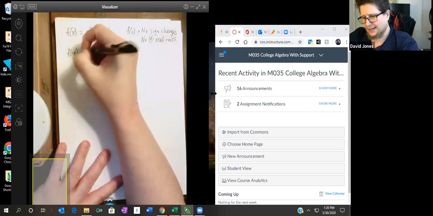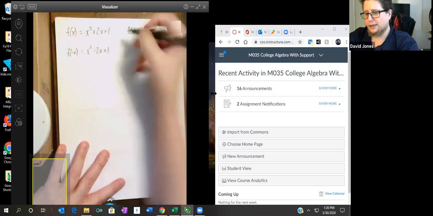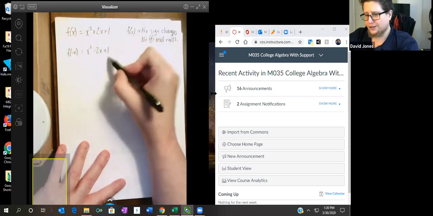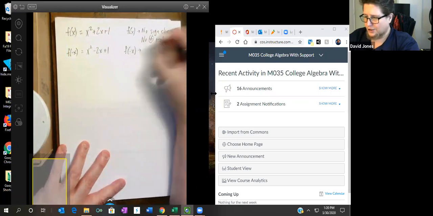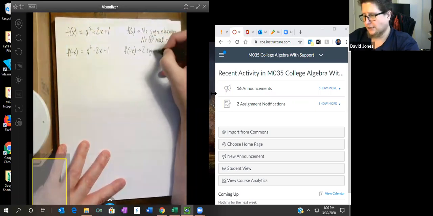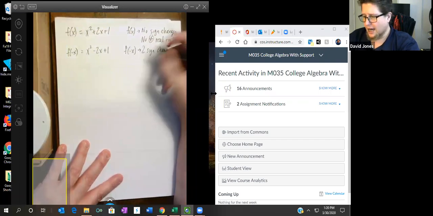F of negative x becomes x squared minus 2x plus 1. There's a sign change, there's a sign change. F of negative x has two sign changes, so we could have two negative real roots possible.